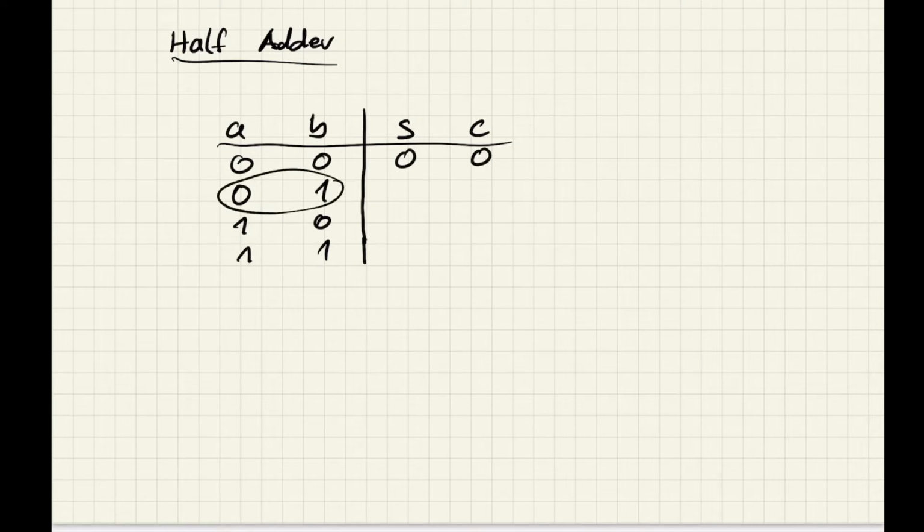And 0 plus 1 gives 1, so we would have here a sum, or what we write in the result as the sum of a certain column, as 1 and the carry of 0. And also here 1 and 0. And in this case we would have here a result in the column, a sum of 0 and a carry of 1. And that's what we would do if the base is 2.